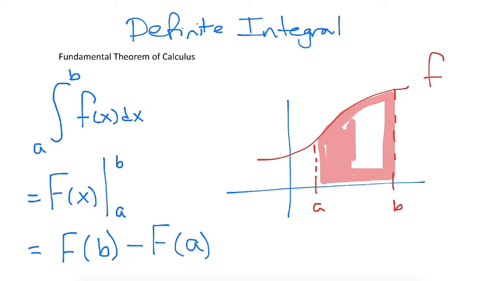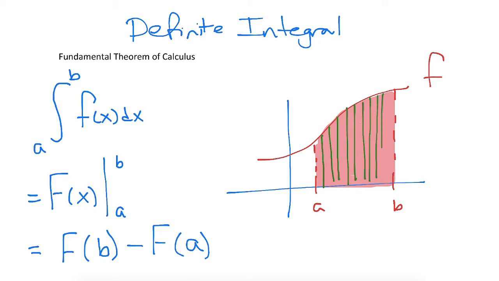Using the rules and then plugging in the top bound minus the lower bound, what it ends up doing in practical terms is it takes this and splits this into sections, and it really splits it into infinitely many. I'm drawing a finite number, but it splits it into infinitely many and adds up all those sections together.